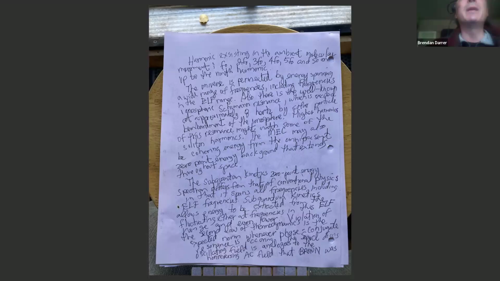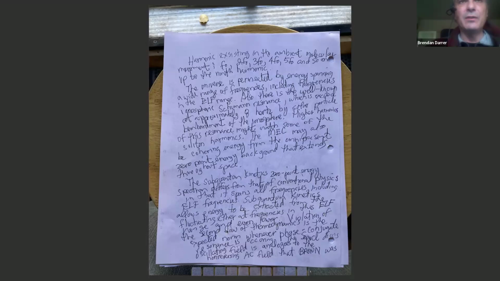ELF means extremely low frequency. SubQuantum Kinetics allows energy to be extracted from the fluctuating ether at frequencies in this ELF range and even lower.